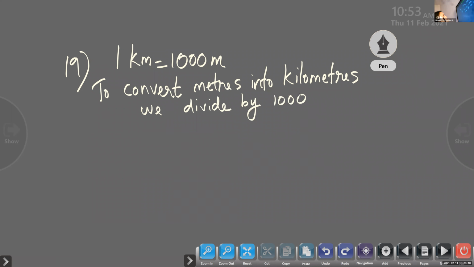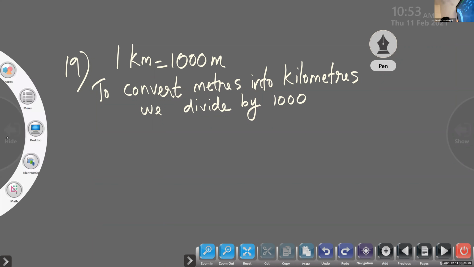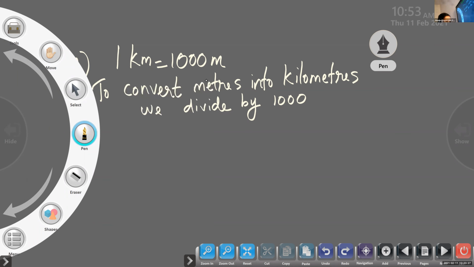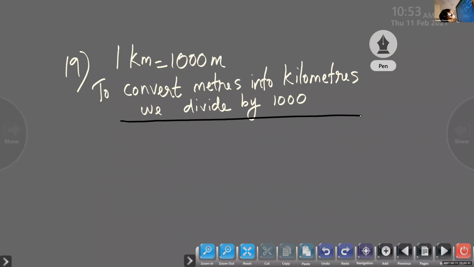In meters the distance is given. We have to convert into kilometers. What do we have to do? Divide by 1000. After this, children, we have to draw a table. We will draw one table.